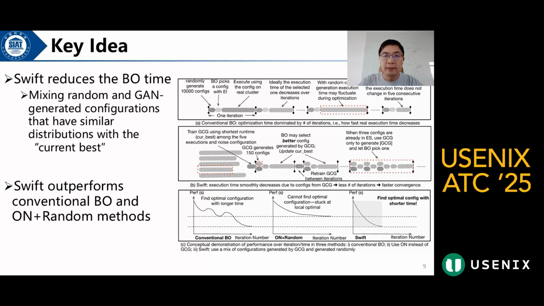From figure C, we can see that conventional Bayesian optimization finds the optimal configuration with longer time. It fluctuates because of random configuration generation. The one-neighborhood plus random method gets stuck at the local optimum. Swift outperforms conventional Bayesian optimization and one-neighborhood plus random methods, and it finds the optimal configuration in shorter time.